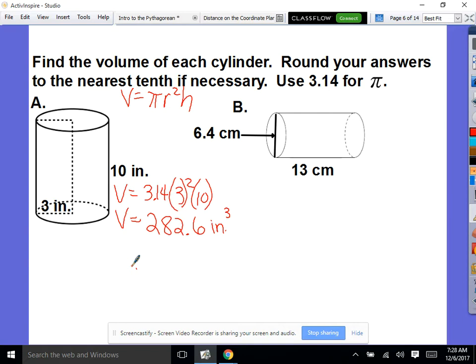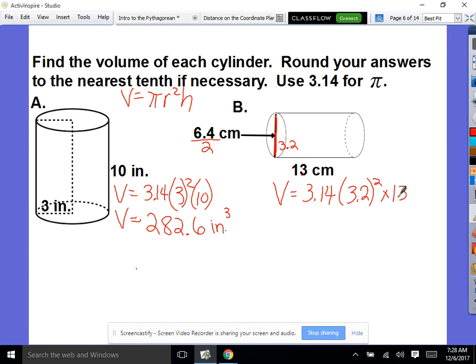All right, so B actually gives us the diameter. We need the radius, so we have to divide the diameter by 2, which gives us a radius of 3.2. So volume equals 3.14 times 3.2 squared times our height of 13.